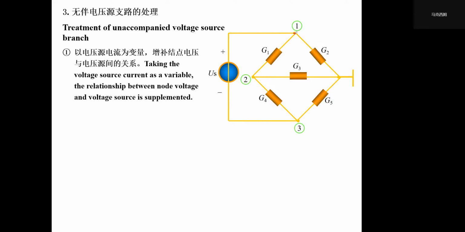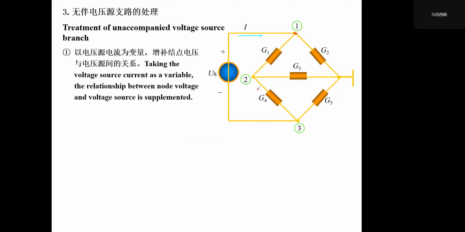For the first node, we just assume that the current that flows out of the voltage source is I, and we can treat it as a current source and write the corresponding node voltage equations.